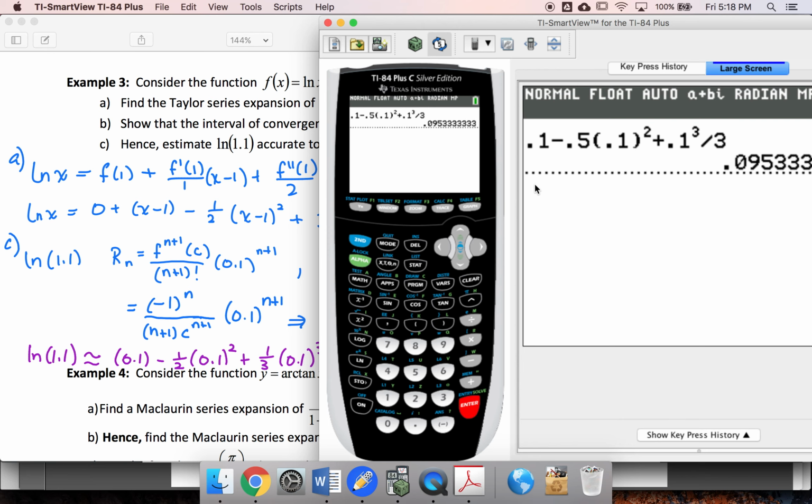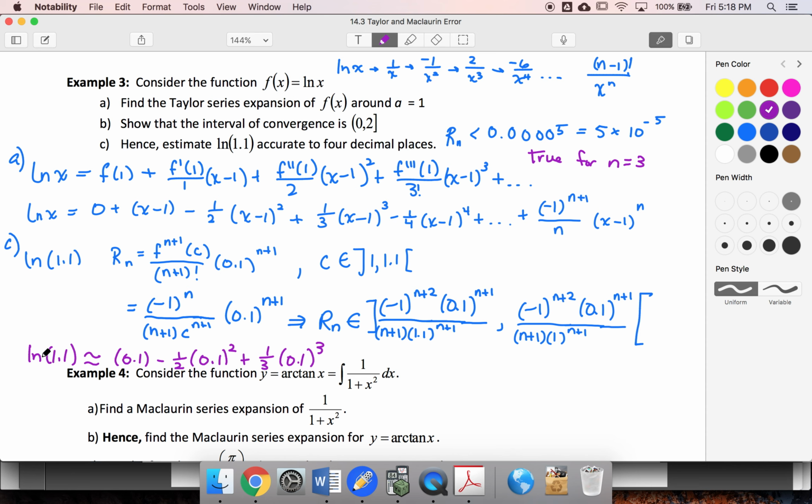All right, so this value should approximate ln of 1.1. And sure enough, that's really close. So I can use arithmetic to approximate my logs. Awesome.